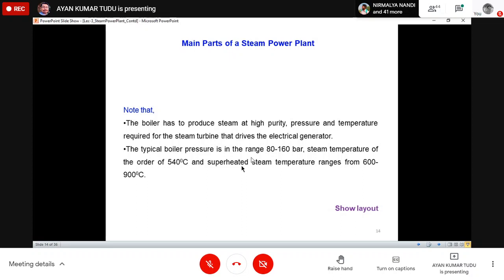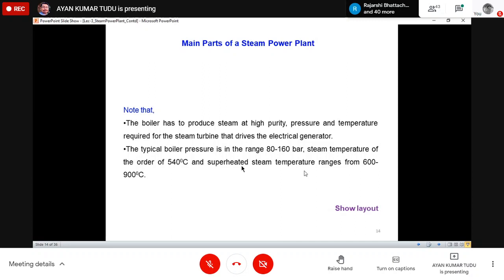You can very well understand that a huge amount of pressure is required, and the steam temperature is of the order of 540 degrees centigrade, and the superheater steam temperature ranges from 600 to 900 degrees centigrade. So you can very well imagine the huge pressure and temperature requirement inside a typical boiler.